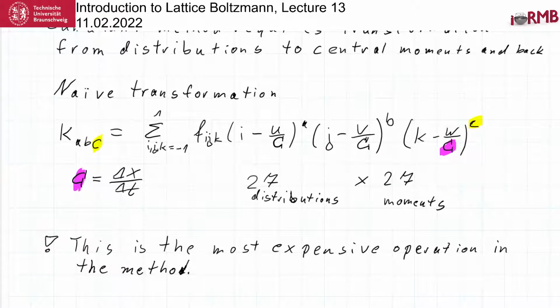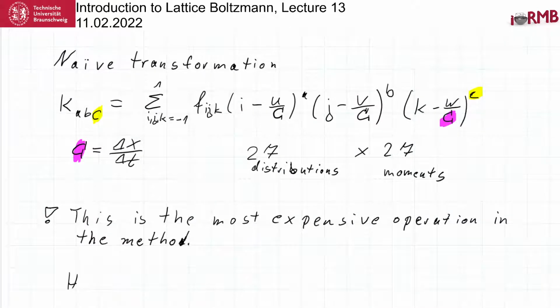It required an invention that we now call the Chimera Transform to actually make the cumulant method run. So without the Chimera Transform that we'll introduce in a minute, the cumulants actually don't work. So this is the message, and the question here is, of course, how to accelerate this.